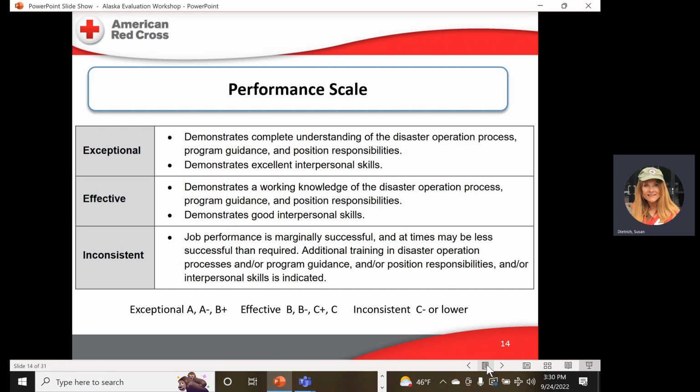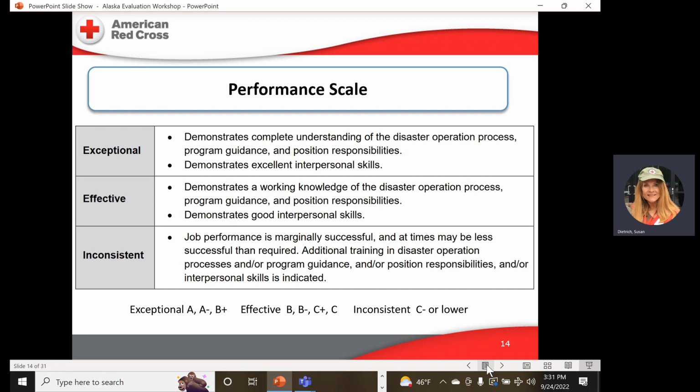So don't feel like exceptional means outstanding. Everyone else is effective, and there are a few who are exceptional. Just use this criteria. If they can do all of that, then they are exceptional in our DRO program. Now, there are some people who may not demonstrate a complete understanding.